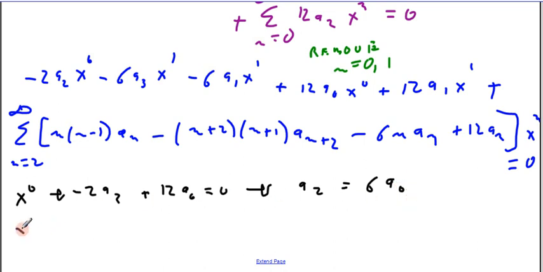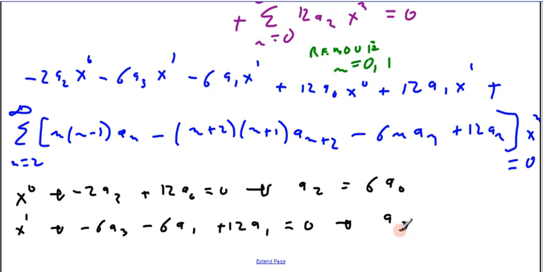I look at the x1 term, and I have minus 6a3, minus 6a1, plus 12a1 is equal to 0. Okay, so I got that, which implies that a3 has to equal a1.